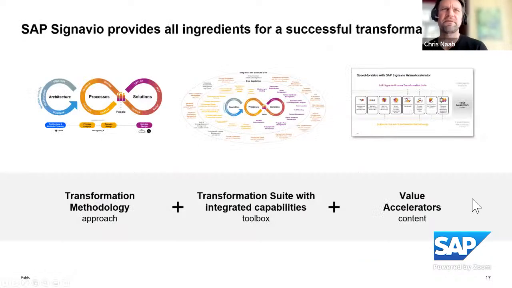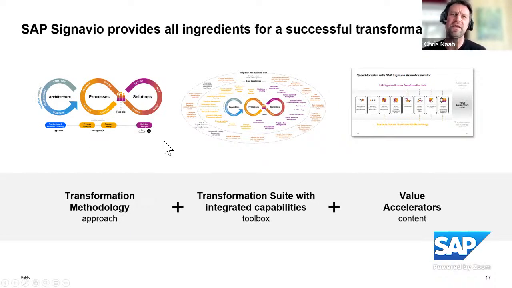So Signavio provides all the ingredients for successful transformation. Of course, we have tools, but if you think about it, it's really not about tools. It's really about a transformation methodology that connects architecture, processes, and solutions, and brings those closely together.